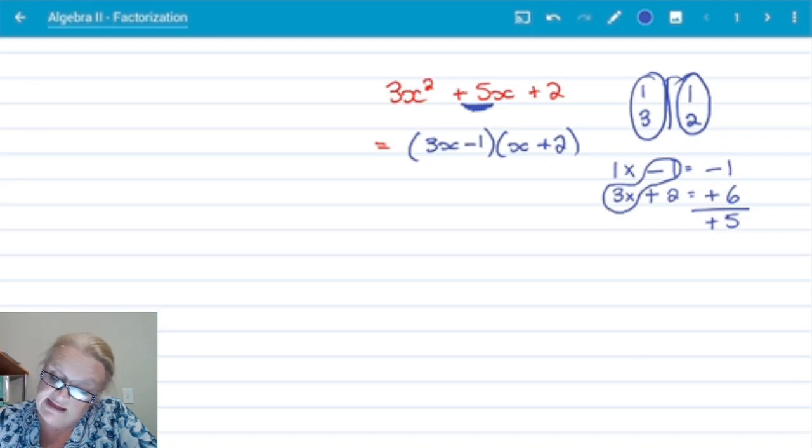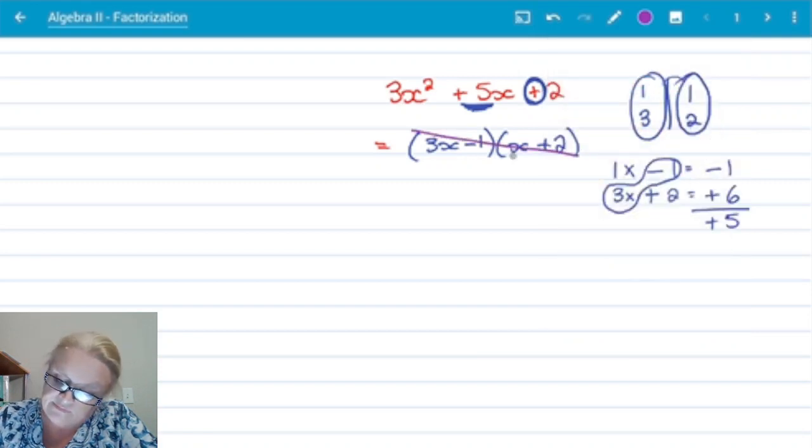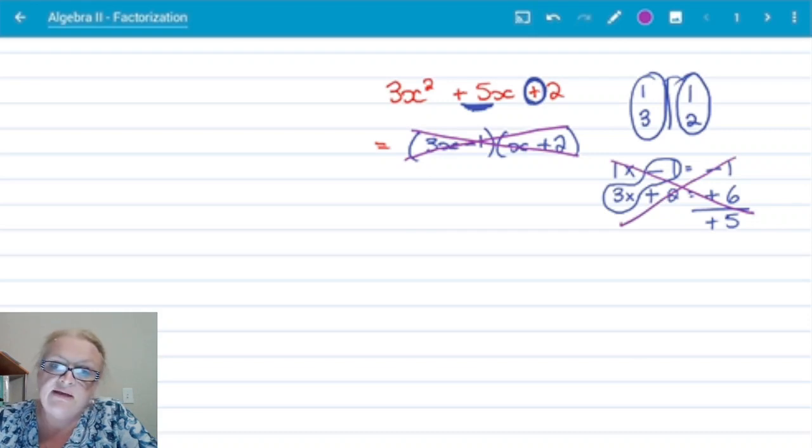That problem is that I have a positive in the last position, which means that my brackets need to have the same signs. Do not fidget with the signs. It will not work. It means that you have chosen a pair that is not correct. And you have to go back to your original step and find a different pair.